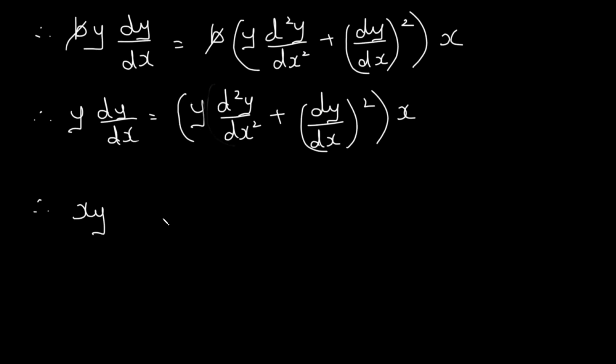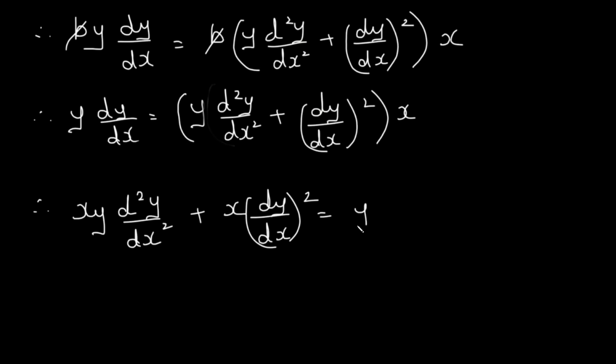So now we open the brackets and multiply with x. So we get xy d²y/dx² plus x (dy/dx)² is equal to y dy/dx, which is nothing but the question actually.